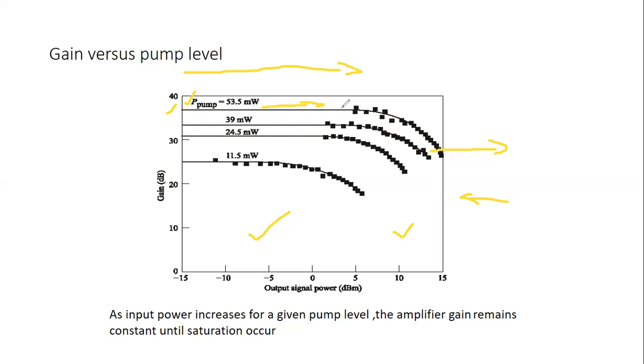After saturation, the gain decreases, but we are getting constant gain for a particular range. So this is a gain versus pump level diagram.